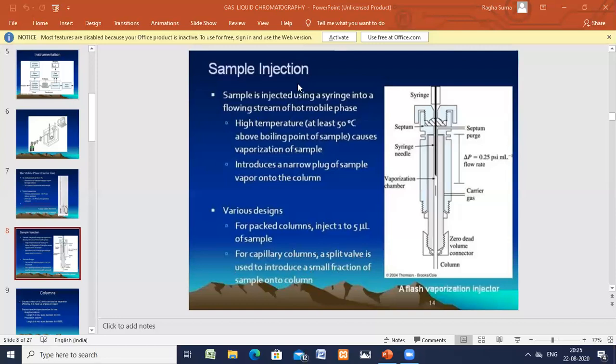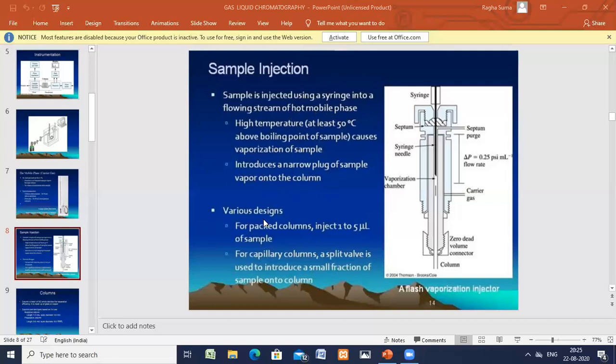For the type of column, we use different ways. So the sample injected using the syringe flows along with the hot mobile phase, converts into vapor and goes into the column along with the mobile phase.